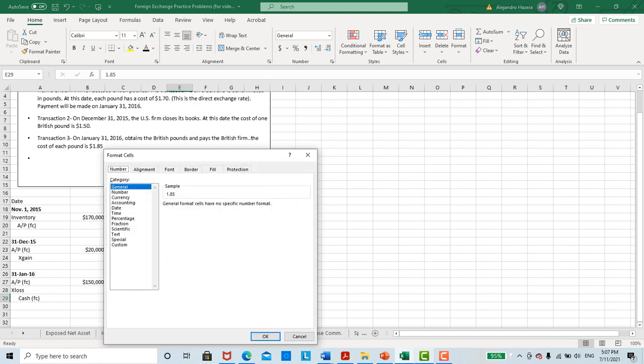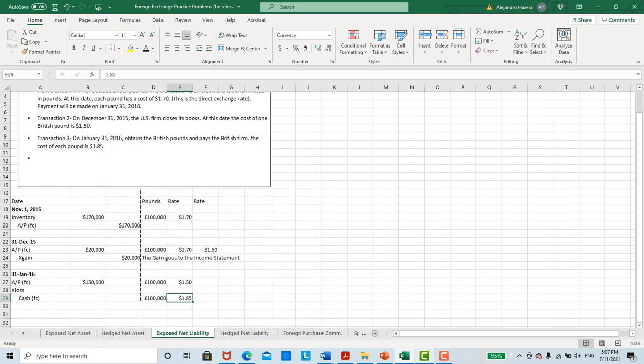Let's go ahead and change that. So the cash you're giving up is British pounds with a value of $185,000, and the difference between the two is your loss, which is $35,000. That's very easy to calculate.